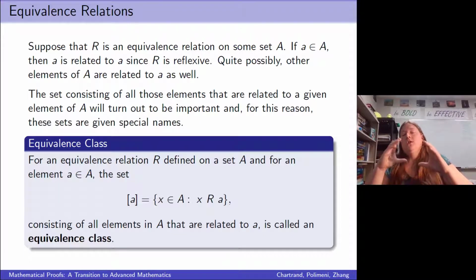All right. So what this is doing is it's telling us all the elements in A that are related to this element a. So the equivalence class of a, an element in A, is equal to the set of all x elements in A such that x is related to a.